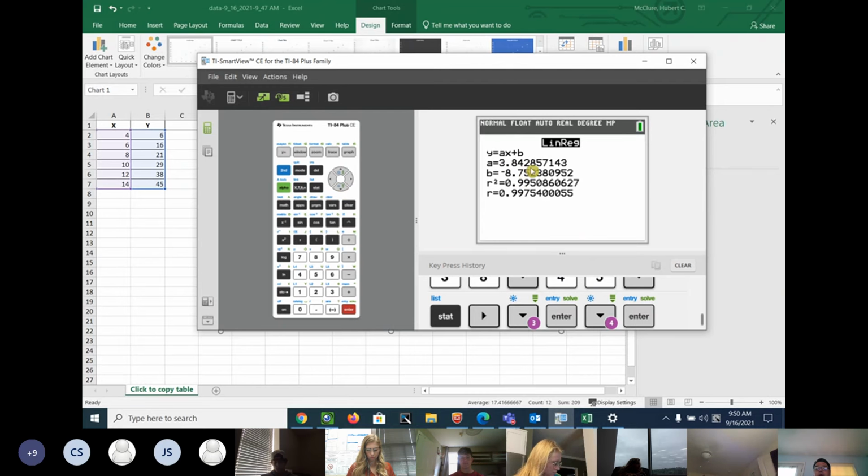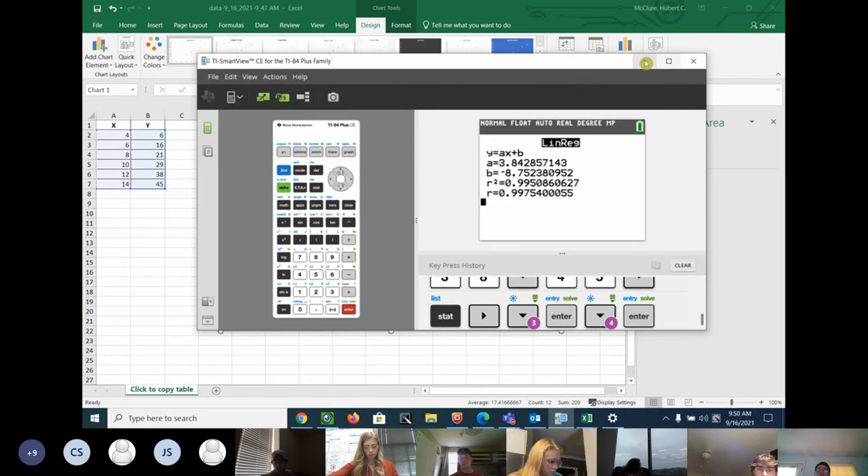And 3.8428, yep, and negative 8.75, and there you go. And there is the correlation coefficient. I said it was around 0.99 to 1, so that's 0.9975. That's 25 10,000ths off of 1.